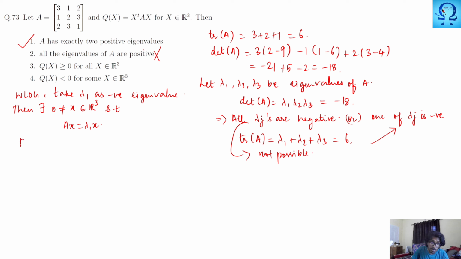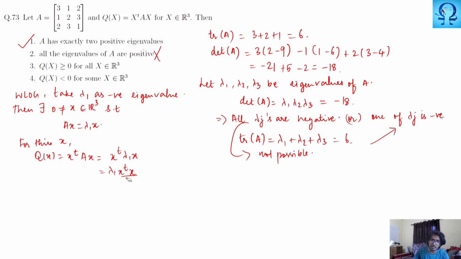For this x, what is our quadratic form? Q of x is x transpose Ax, which is nothing but x transpose lambda 1 x. Since lambda 1 is a scalar, you can take it out. So lambda 1 times x transpose x.